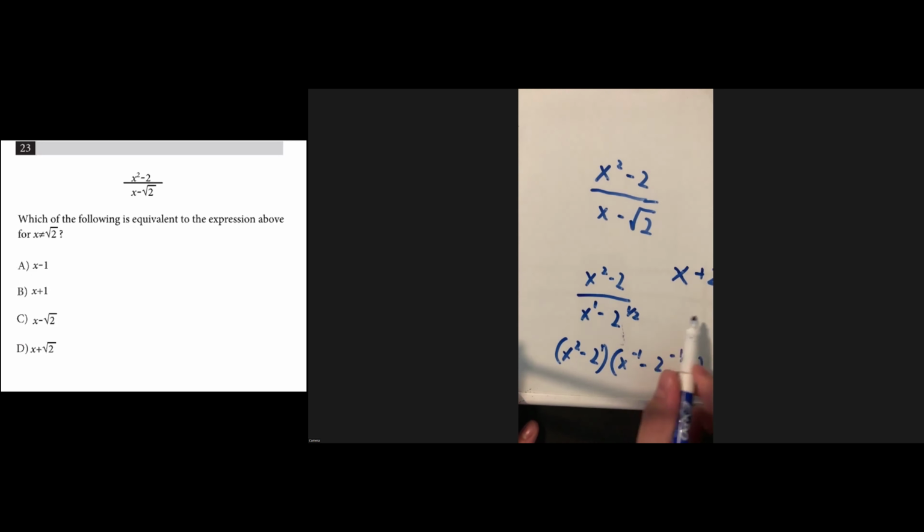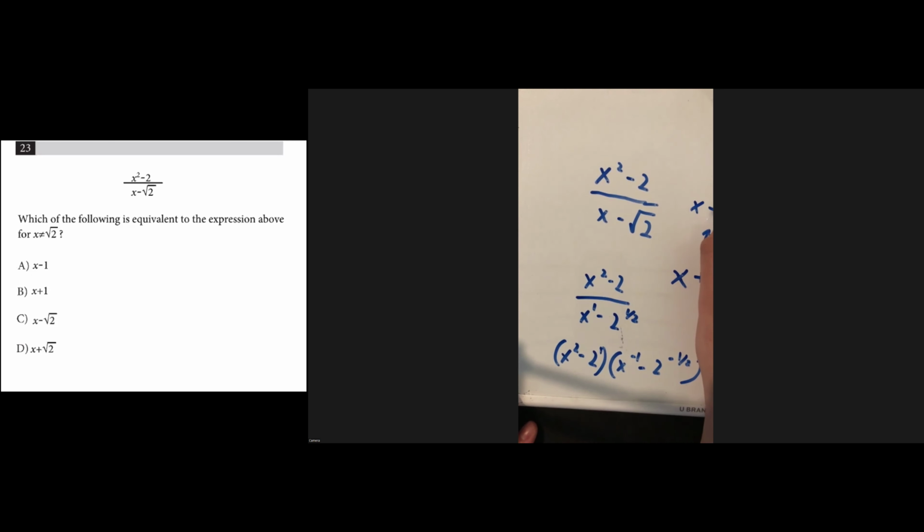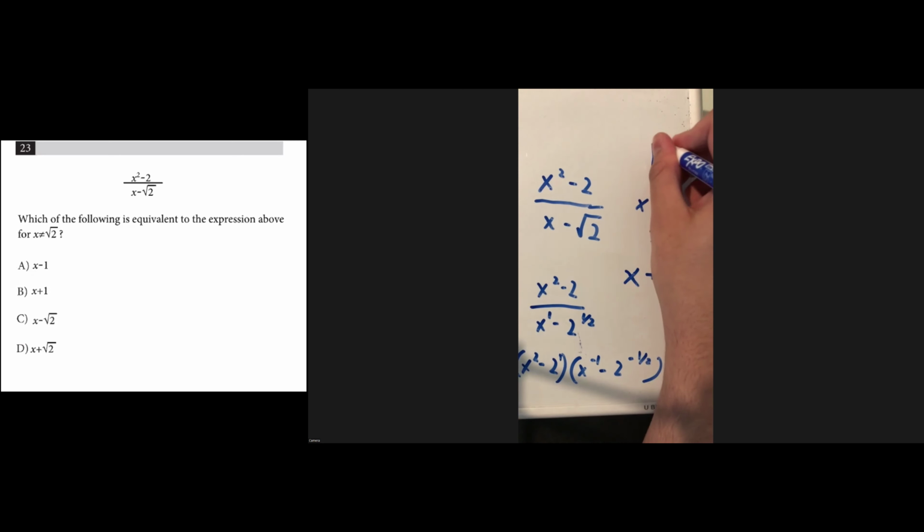And then this is basically 2 to the first power. So 1 minus 1/2 would just be 1/2. So x plus 2 to the 1/2 power, which is the same thing as x plus square root of 2. So the correct answer here is answer choice D.